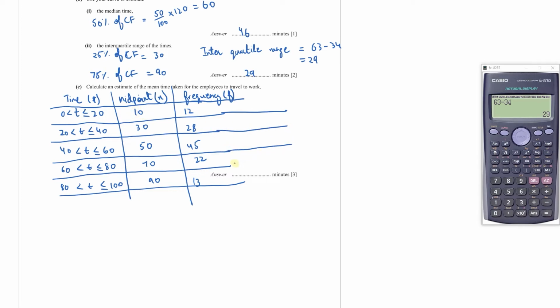So I'm here basically calculating f times x. 12 times 10 will be 120, 28 times 30 will be 840, and then 45 times 50 will be 2250. 22 times 70 is 1540, and then 13 times 90.